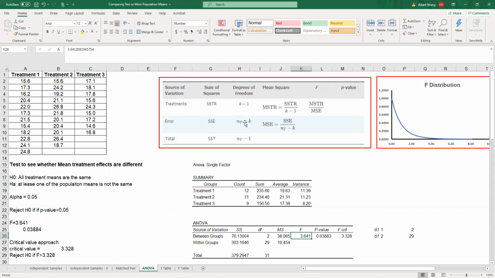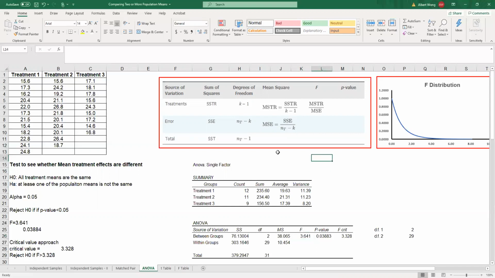The denominator degree of freedom is the total sample size minus the number of groups. Then you should know the two mean square calculations, and the F statistic is just the ratio of the two estimates of the variance. And that's how we do it.